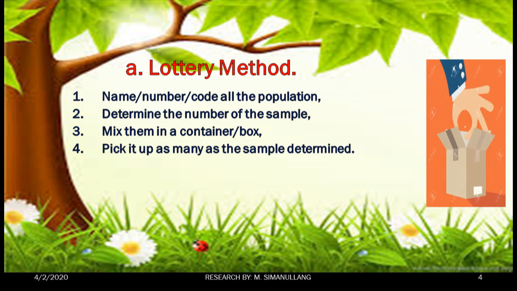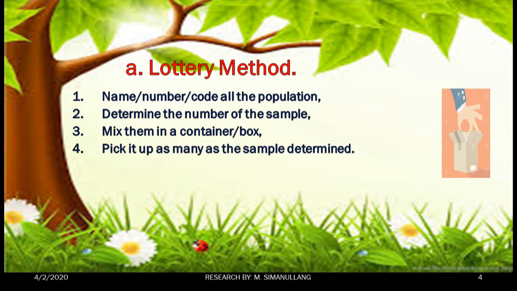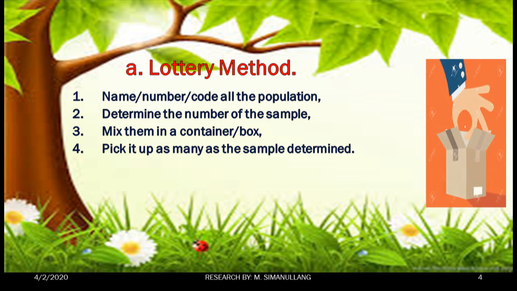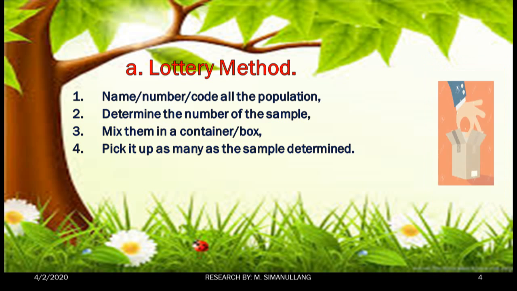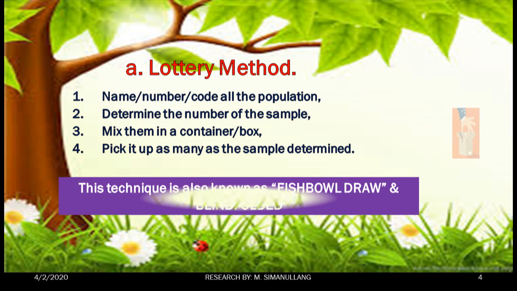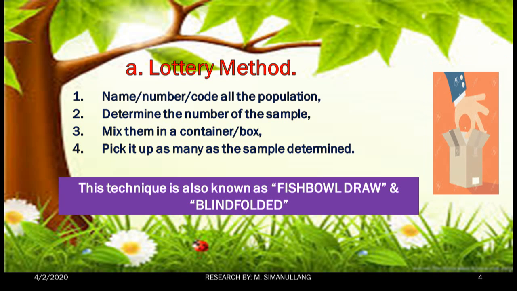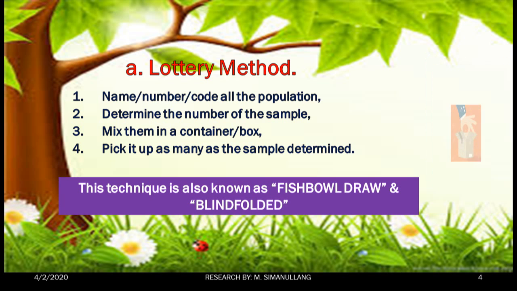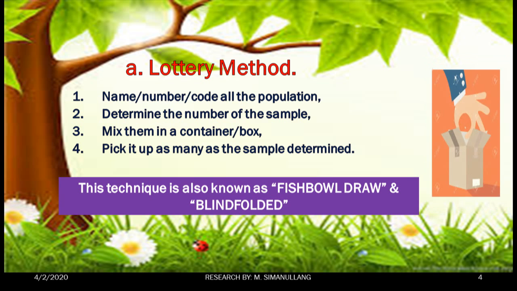After that, we may take or pick the sample as many as it is determined. Following these procedures or steps, this technique is also known as the fishbowl draw or blindfolded.